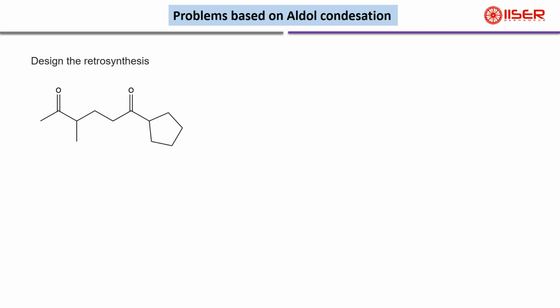So what will be the retrosynthesis of this compound? Suppose if you just break from this place, so one probability is like that, then this will be our ketone, and this will be our alpha beta unsaturated system.